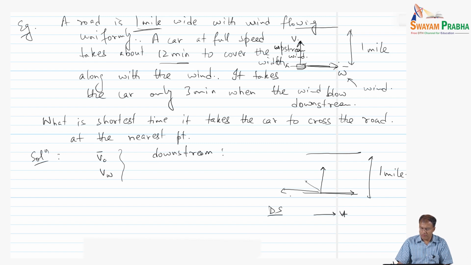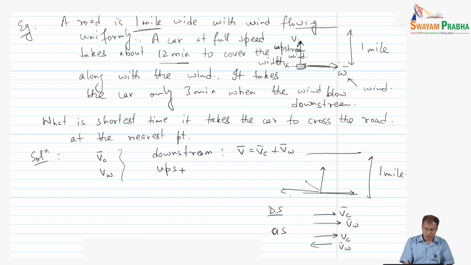In the downstream case, we expect that Vc and Vw are along the same direction, and if we have an upstream, then we expect that Vc and Vw are in opposite directions. So in the downstream situation, the total velocity is Vc plus Vw, and in the upstream situation, the total velocity is Vc minus Vw.